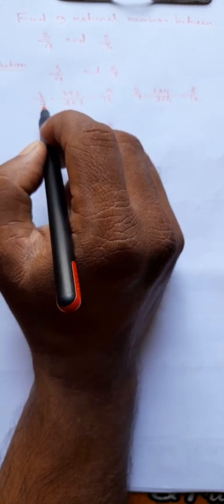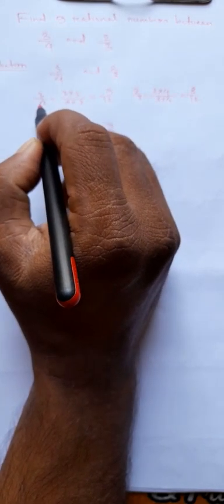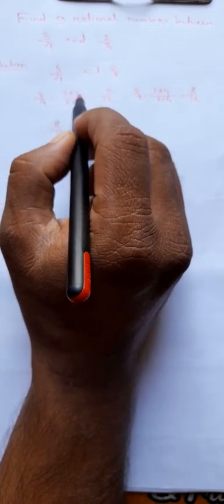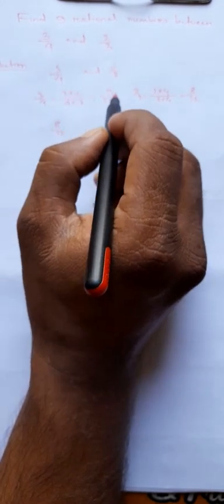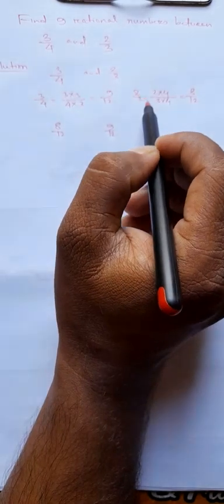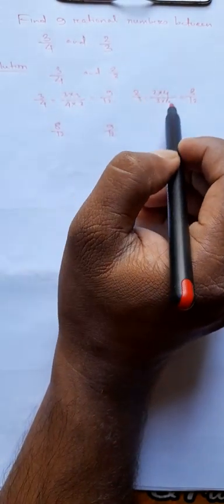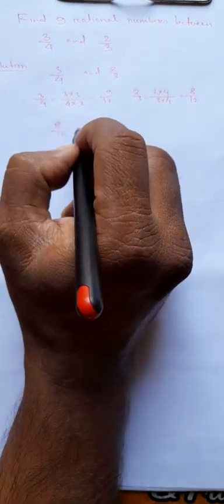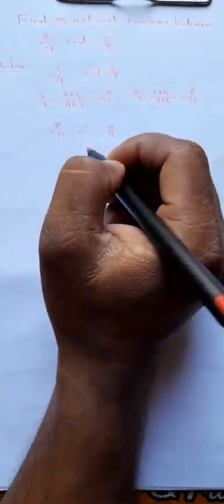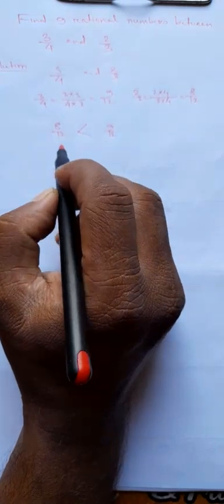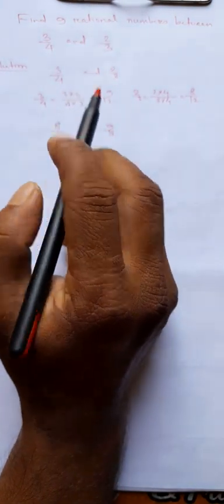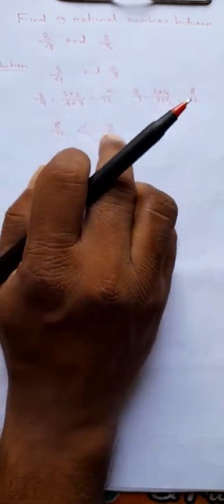So 3/4 means you convert the denominator into 12. 4 3s are 12, so you have to multiply the same number with the numerator also. 3 3s are 9/12. Similarly 2/3 equals 3 4s are 12, 2 4s are 8. Now you see 8/12 is less than 9/12. So you have to find 9 rational numbers between 8/12 and 9/12.